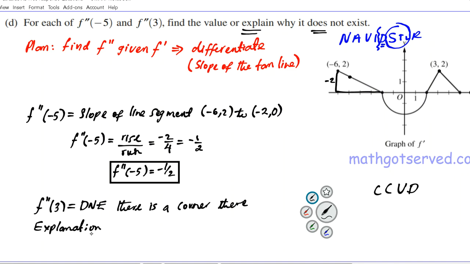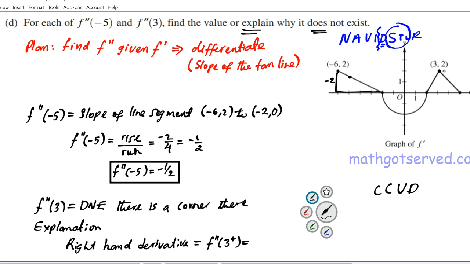The right hand derivative, which is f double prime of 3 from the right, is the slope of this line segment from the right.